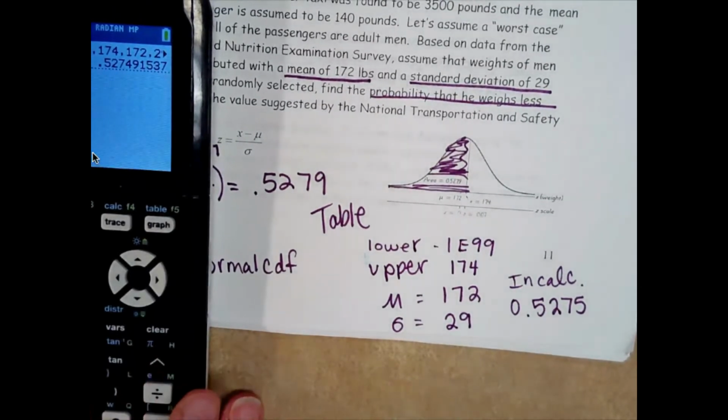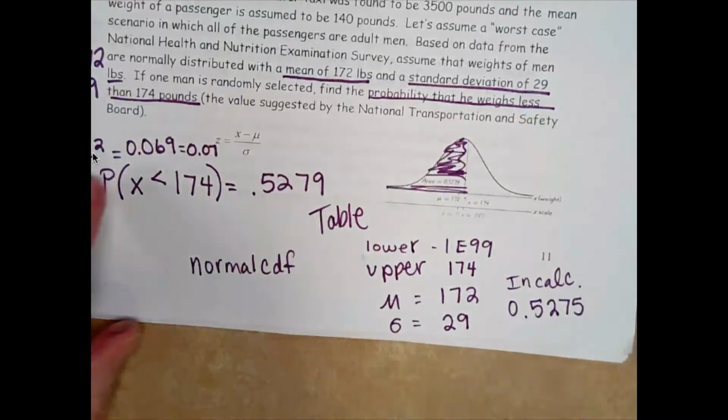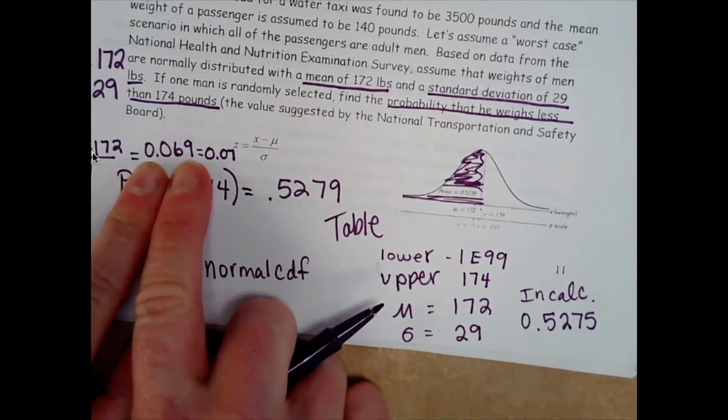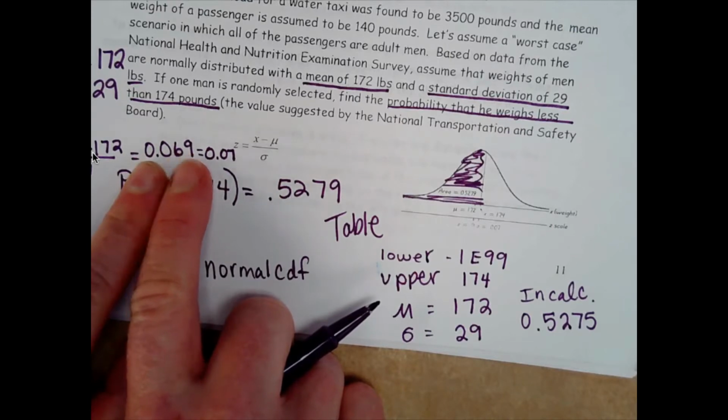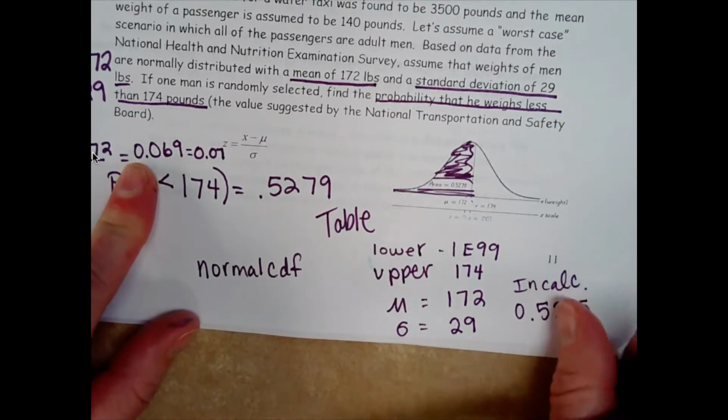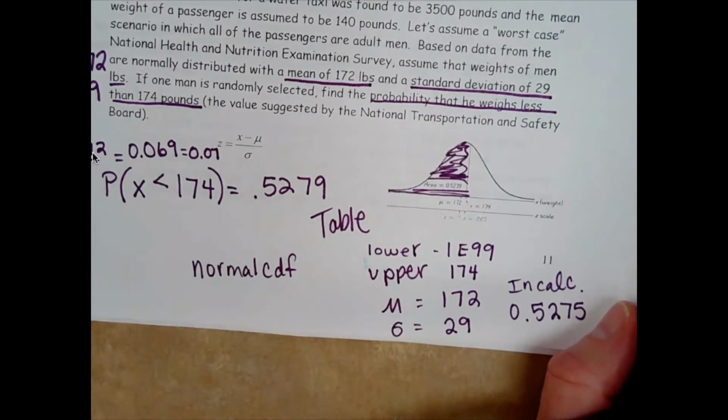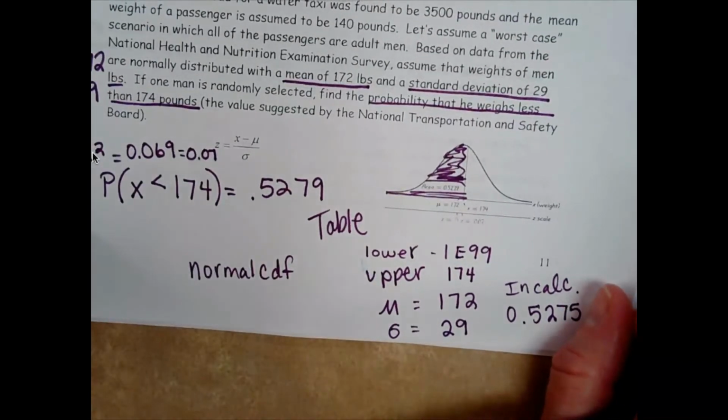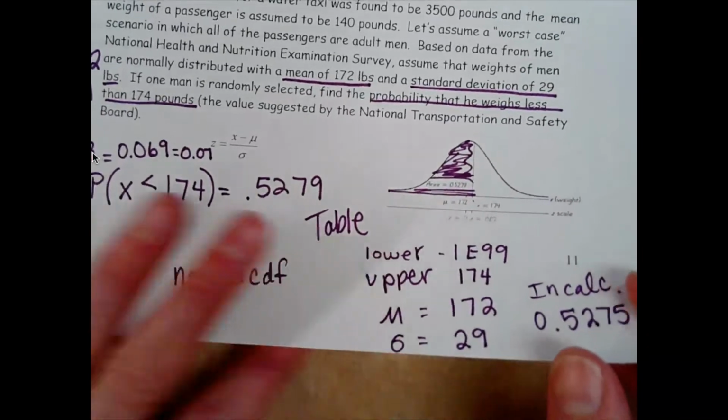So that's the exact answer. So our table gives us an answer, but the reason it's not exact is, remember how we had to round this originally? And then look for that on our table. But the calculator will do the work for us, which is good. But I do want y'all to know where this all comes from and how it relates.